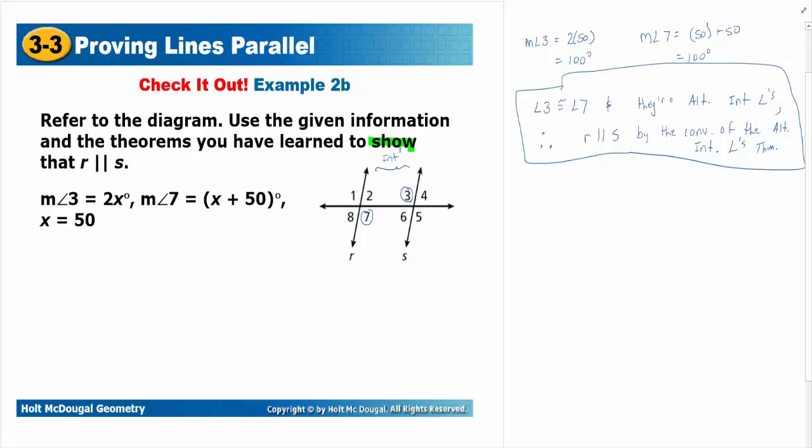Without the work and without the reasoning behind it, you're not showing why those are parallel. So you may be like, oh, I can just go ahead and just state the theorem. Well, no, you can't. You're not showing it if you don't show the work. You have to show that those are the same measure, which allows you to say that they're congruent. Without you doing this work and showing me, it's wrong.